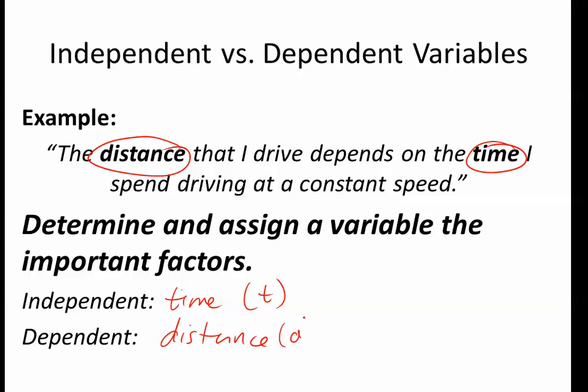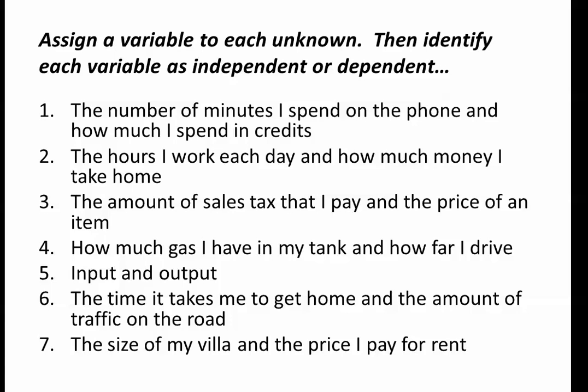Let's try some other examples. You have 7 examples here. Assign a variable to each unknown and then identify each variable as independent or dependent. Number 1: the number of minutes I spend on the phone and how much I spend in credits. Obviously the number of minutes is going to determine how much I spend in credits.